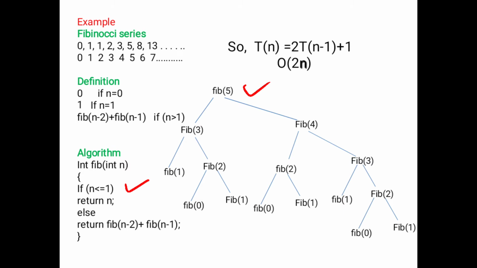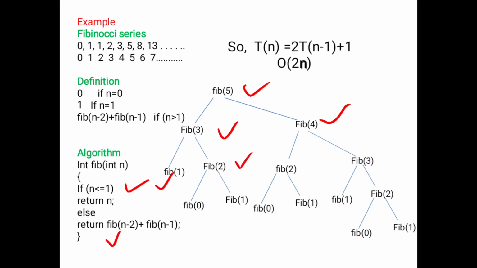That is not satisfied because n is bigger than 1. So we make the function calls: n minus 2, that means 5 minus 2 is 3, fib of 3, then 5 minus 1, fib of 4. Then 3 is less than or equal to 1? That is not satisfied, so again we do the function calls: 3 minus 2 is 1, 3 minus 1 is 2.